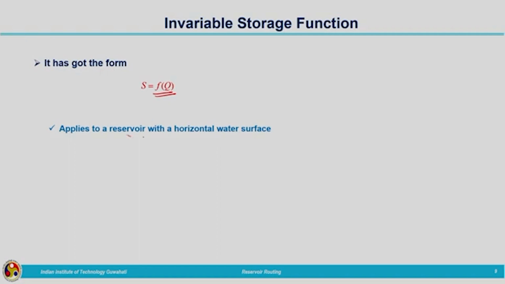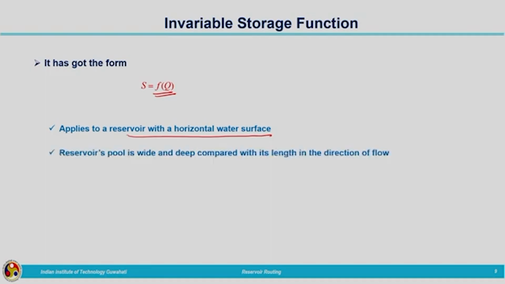It applies to a reservoir with a horizontal water surface. We need to make sure that the reservoir is having a level water surface or horizontal water surface. Reservoir pool is wide and deep compared with its length in the direction of flow.